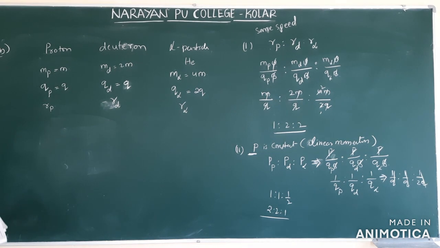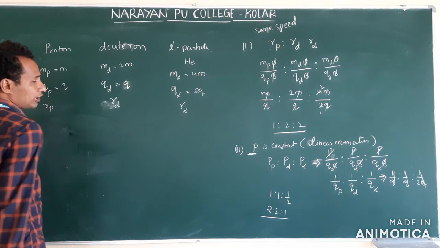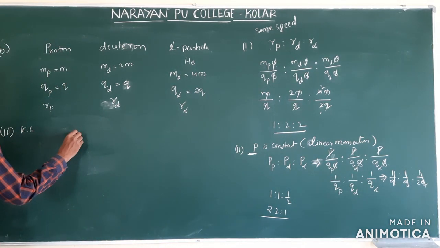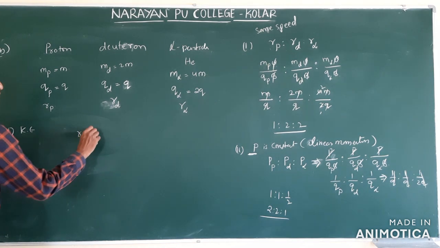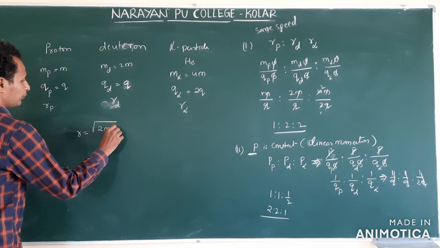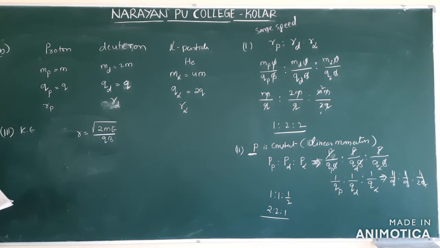Now the third question. What is the third question? Same kinetic energy. KE is constant. What is the formula? KE formula, R in terms of KE already given. R is equal to under root of 2mE by qB. Am I correct? Already given.